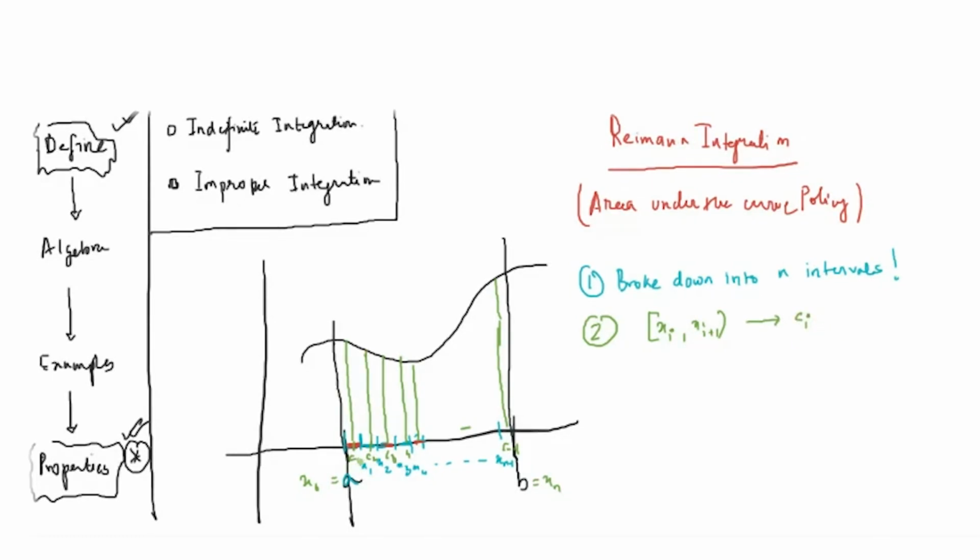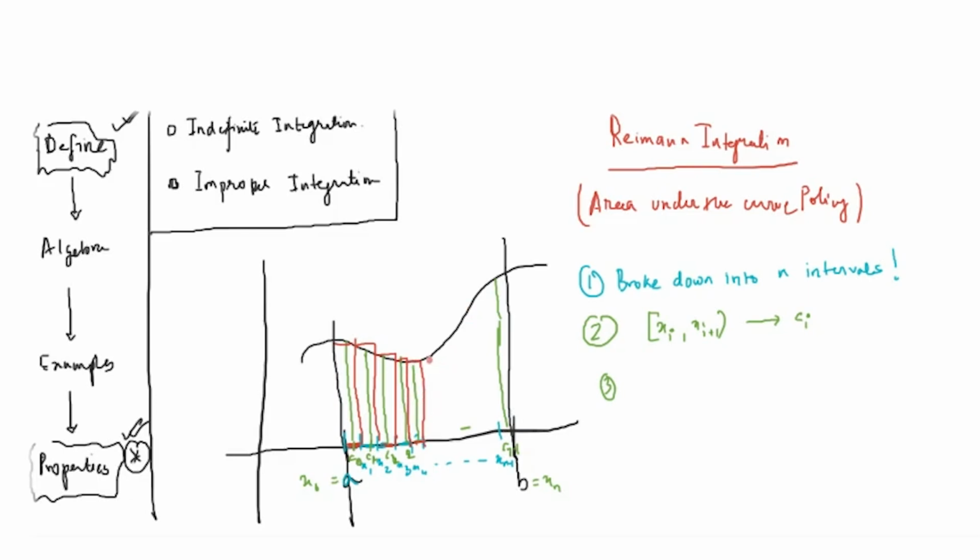So it will be c0, c1, c2, c3, up to cn minus 1, because this is between x0 and x1. The third step was they constructed the rectangle with the height and the breadth of the ck height. It was not the endpoint, but the height at ck.